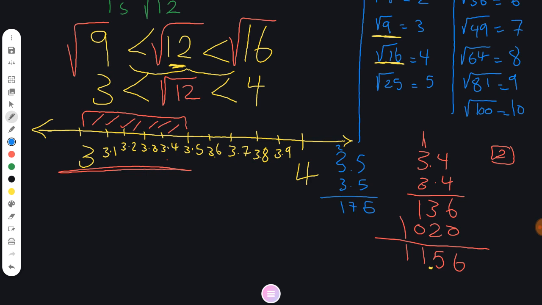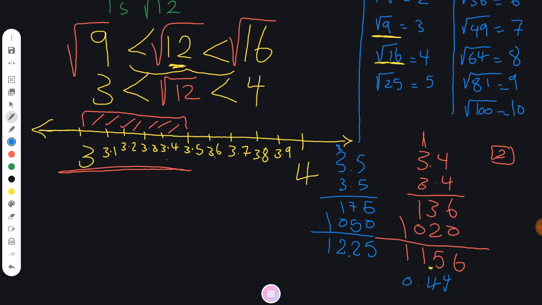Then 0, 3 times 5 is 15, 5 and carry 1. 3 times 3 is 9 plus 1 is 10. Which one is closer, what do you think? 3.4 or 3.5? The difference is between 12 and 11.56, and 12.25.